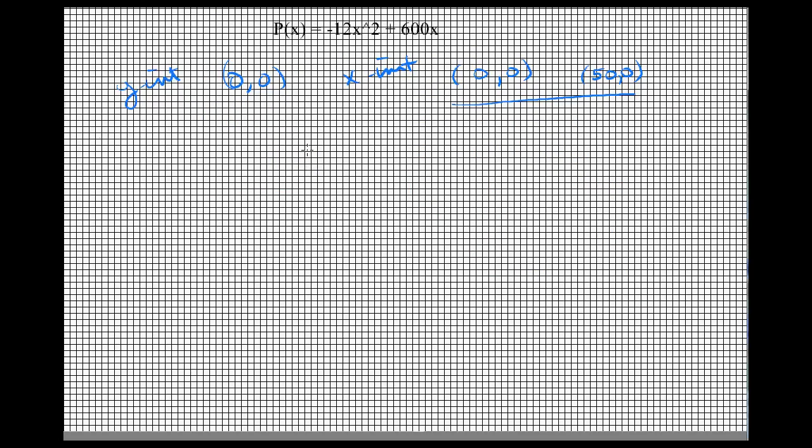Our next step is to find the vertex of this parabola. First, we have to find the x-coordinate of the vertex, and remember the formula for that: minus b over 2a. Using our original quadratic equation, a is minus 12 and b is 600. We plug those values right into our formula.